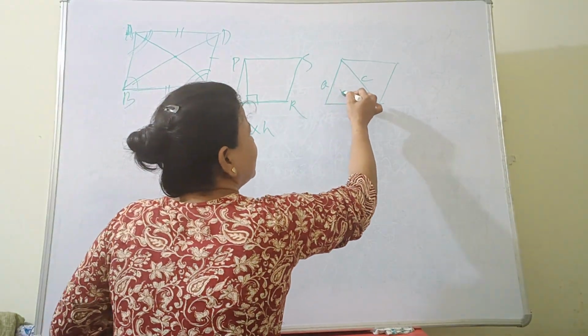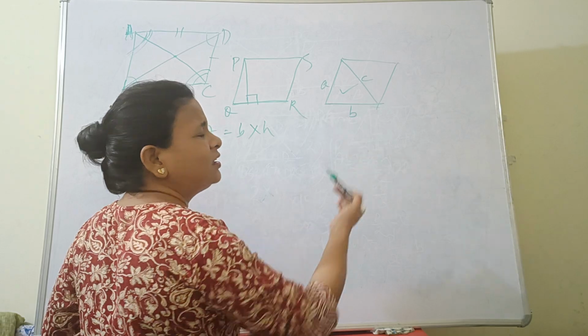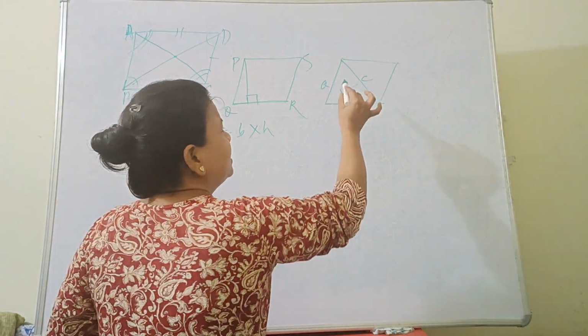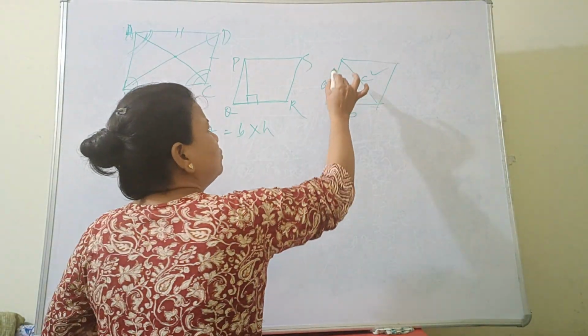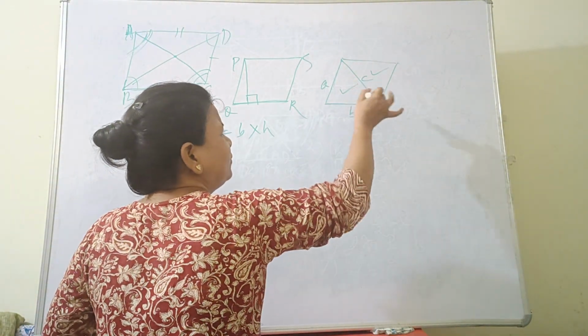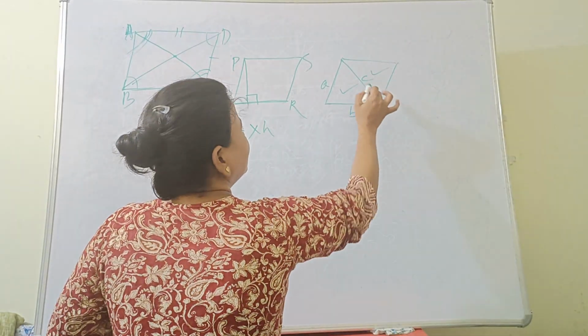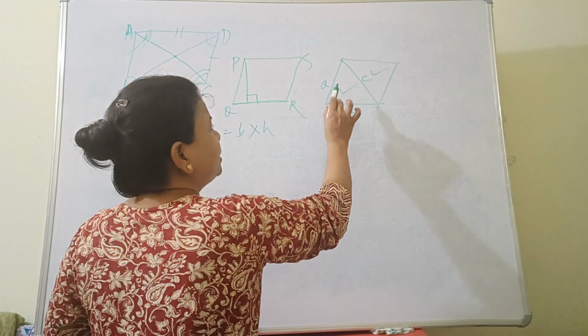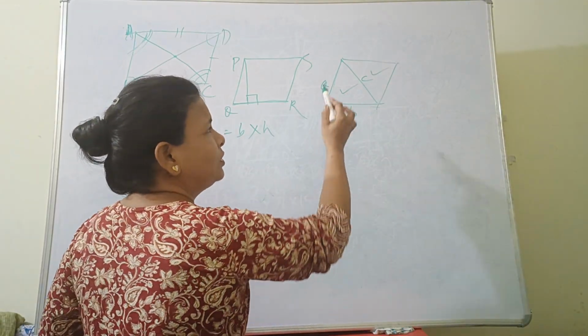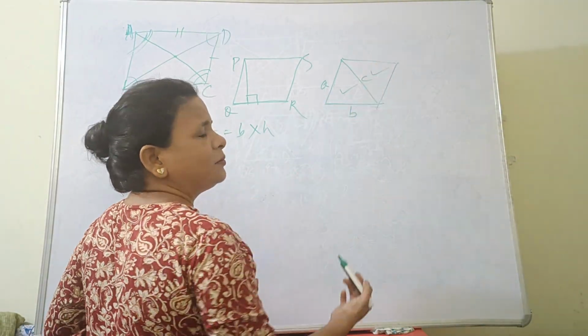And remember one thing, that each diagonal of a parallelogram divides the parallelogram into two triangles of equal area. So once you are able to find the area of this triangle, it would be easier to find the area of the parallelogram, because 2 into the area of this triangle will give you the area of the parallelogram.